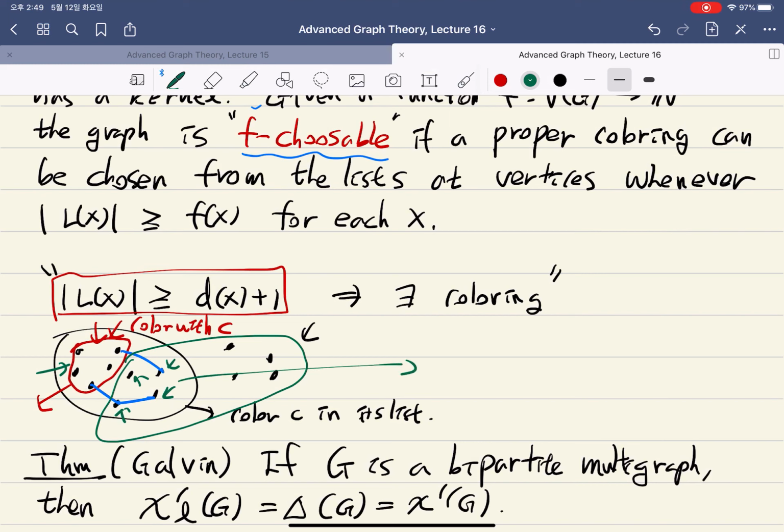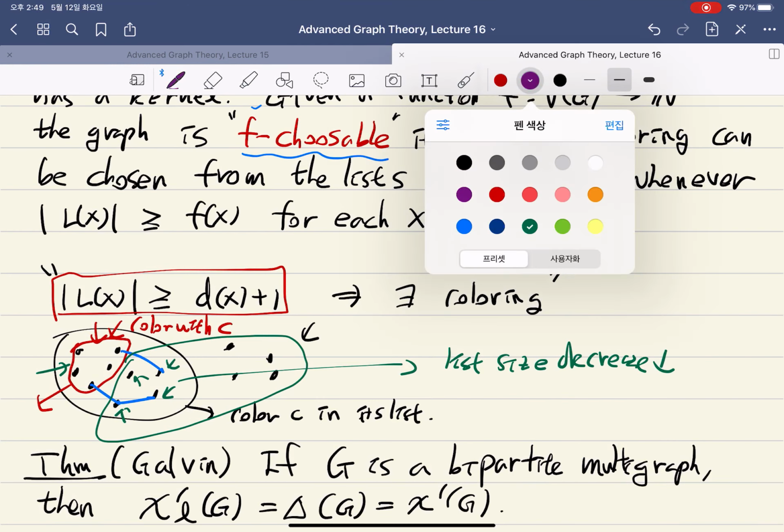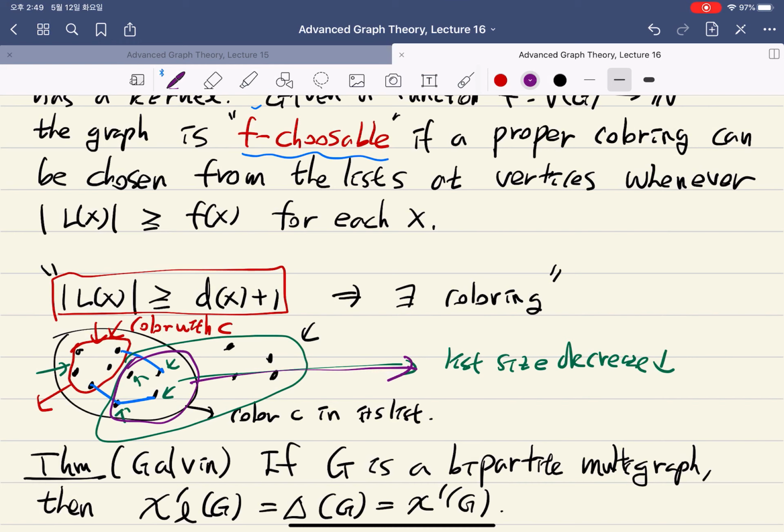So these vertices get the list size decreased by 1. In this case, for this vertex and this vertex, it's okay because originally its list size is bigger than its degree plus 1. And for these two vertices, the list size decreased by 1, and also the degree decreased by 1 because it has a neighbor in here, which is deleted.